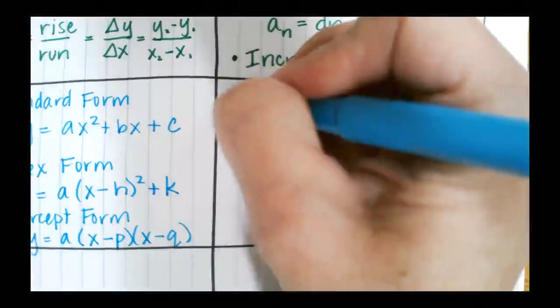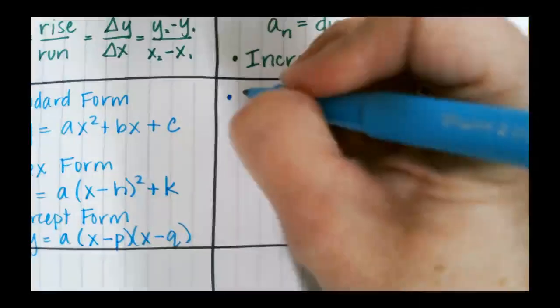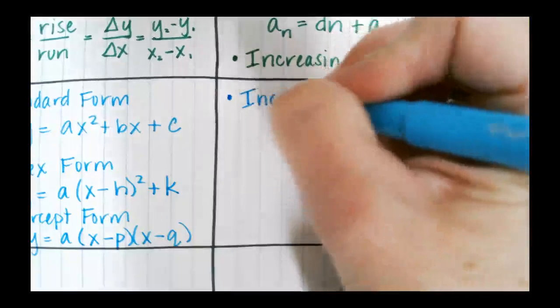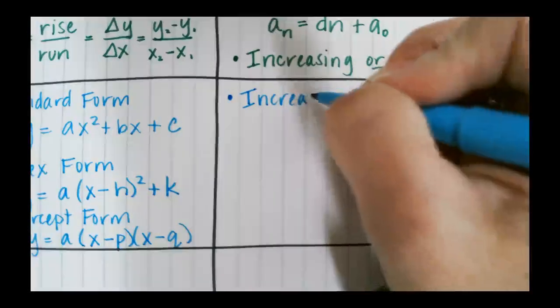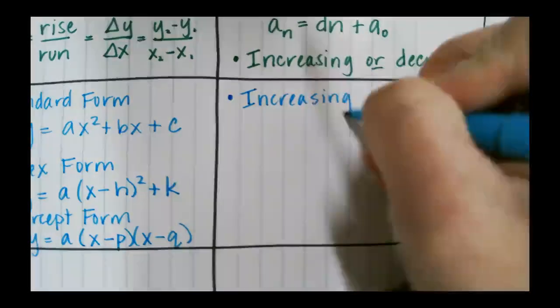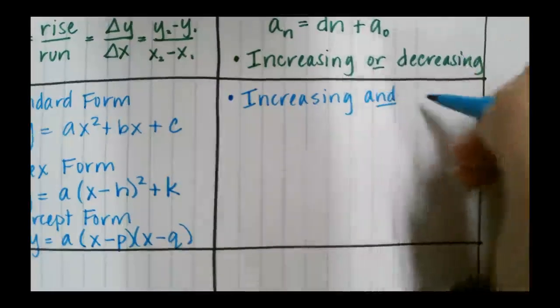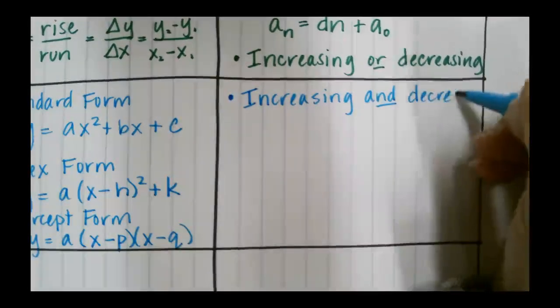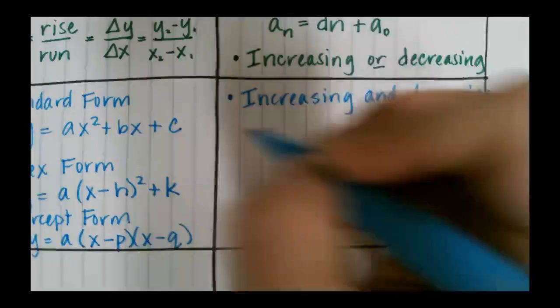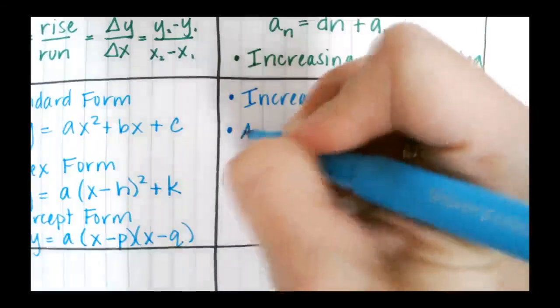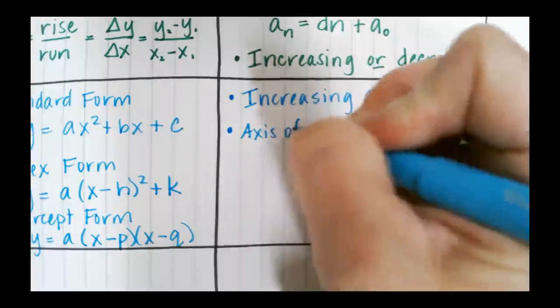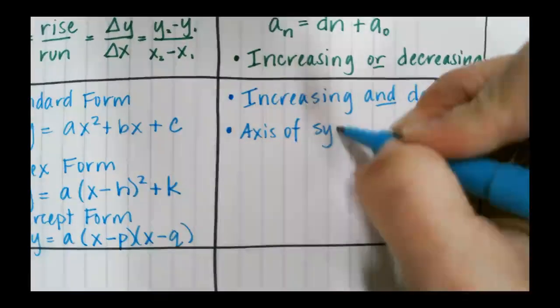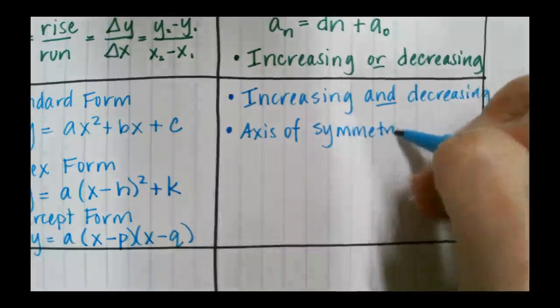So characteristics of quadratic functions: they increase and decrease. And that changes at the axis of symmetry, which is another characteristic. This is the only one of our functions that has an axis of symmetry.